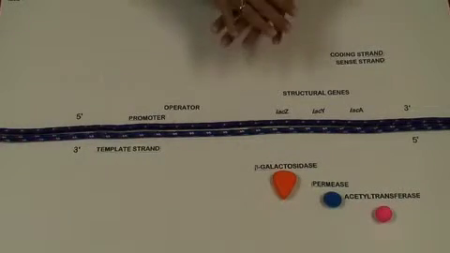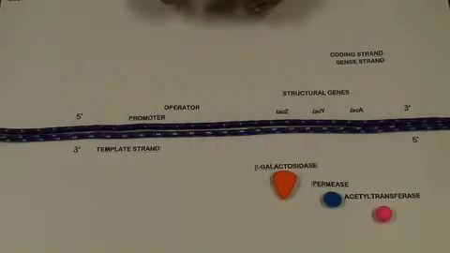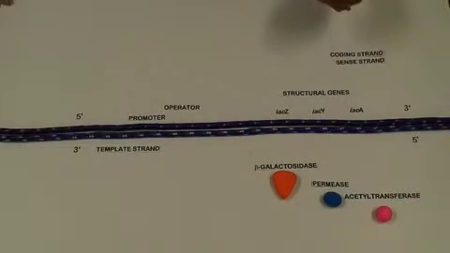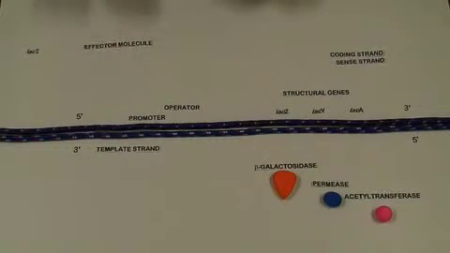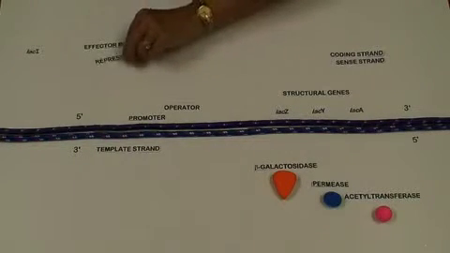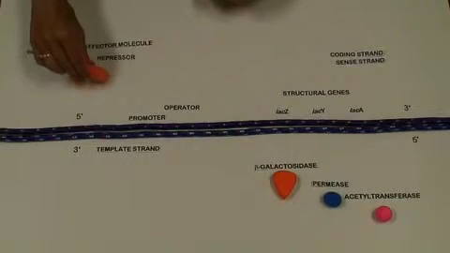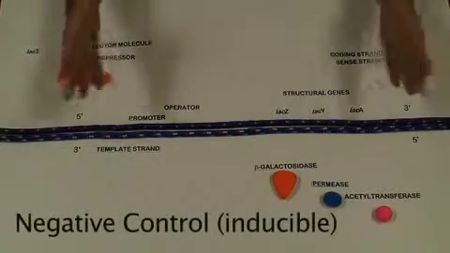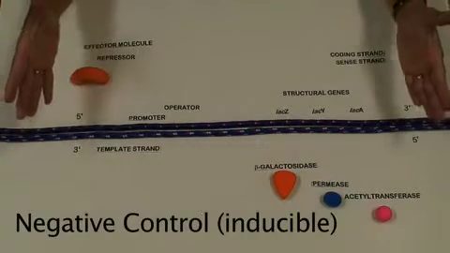All right? So under most circumstances, remember, outside of the operon proper, we have the lac-I gene. And it codes for the effector molecule. And in this case, the effector molecule is that repressor. So that puts this operon under negative control.